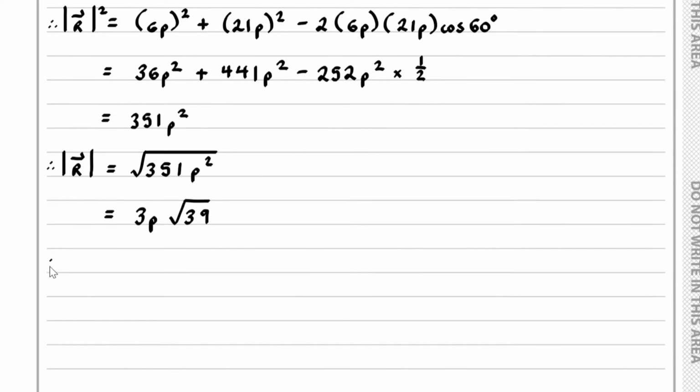And so, if we use the fact that the sum of the forces is equal to the mass times the acceleration, we've got the sum of the forces, which is 3p multiplied by root 39.